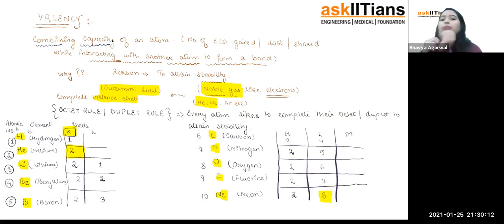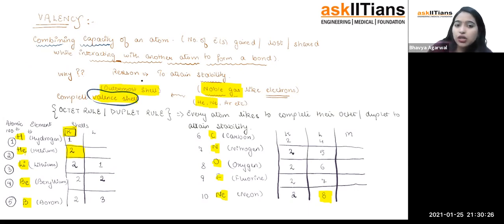This is the combining capacity. So how do you get it from using the information of valence electrons? The electrons which are present in the valence shell are known as valence electrons. Okay? The electrons present in the valence shell are known as valence electrons.